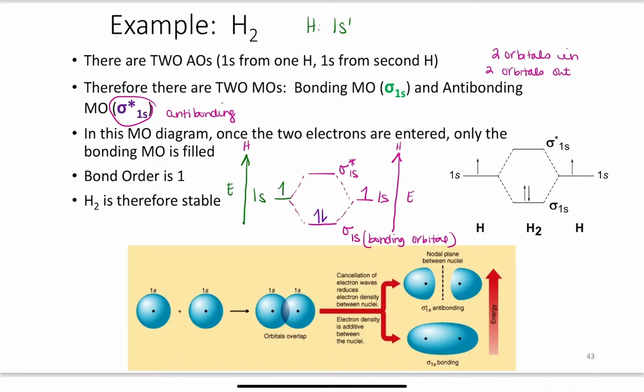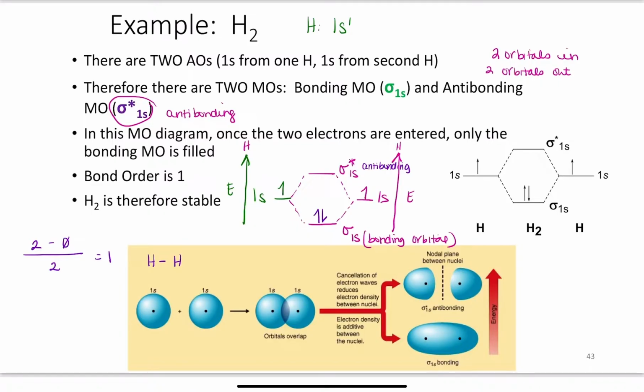So this is bonding, this is antibonding. I take the number of bonding electrons, which is 2, subtract the number of antibonding electrons, and divide by 2, and I get 1. That tells me that hydrogen has a single bond between the 2 hydrogen atoms in H2. Bond order is 1, it's greater than 0, therefore it is stable.